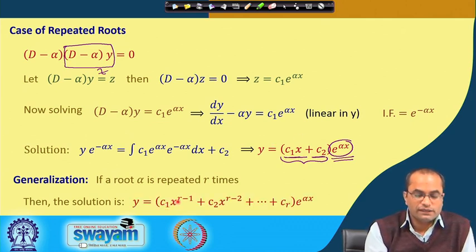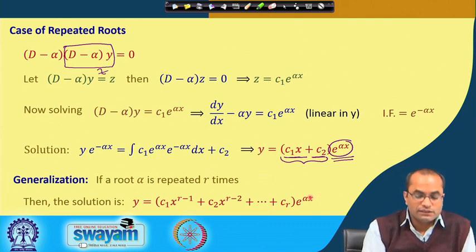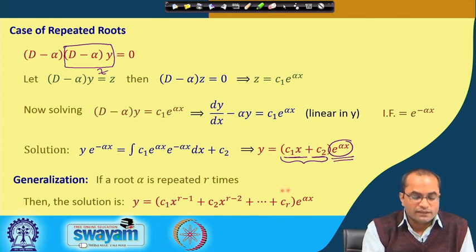This was 2 times repeated, so we got this linear term. If we have an r times repeated root, we will get an r minus 1th degree polynomial: c 1 x power r minus 1, plus c 2 x power r minus 2 and so on, plus c r, times e power alpha x. So, if the root alpha is repeated r times, we will get the solution in this form.